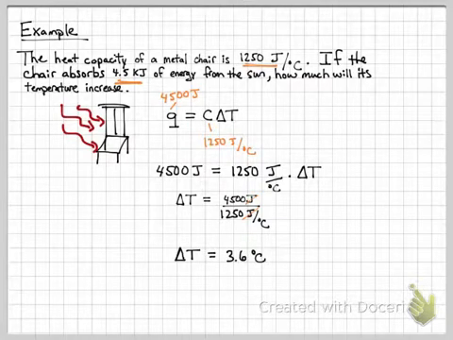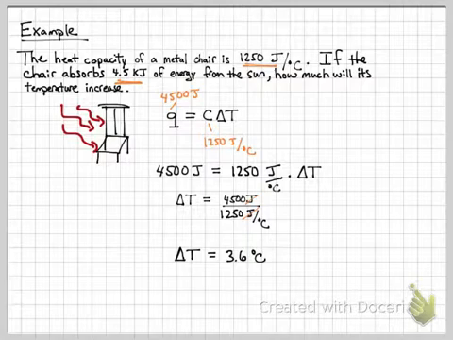So assuming the chair wasn't too hot originally, it's probably still safe to sit on it even after it's been sitting in the sun for a bit. Okay, so this example uses the heat capacity, and you can see how it is defined for a very specific amount of a substance or a very specific object, in this case a chair.